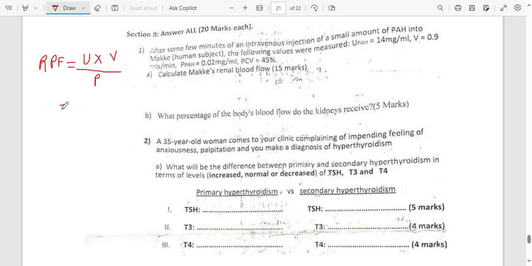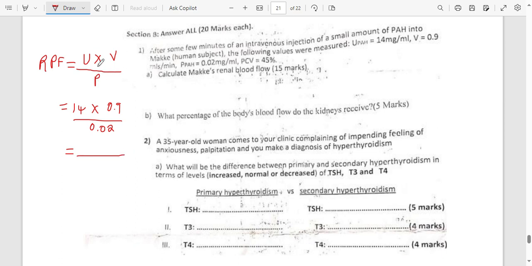So U is 14 times V, which is 0.9, divided by P, which is 0.02. If you have a calculator, you can help punching there.